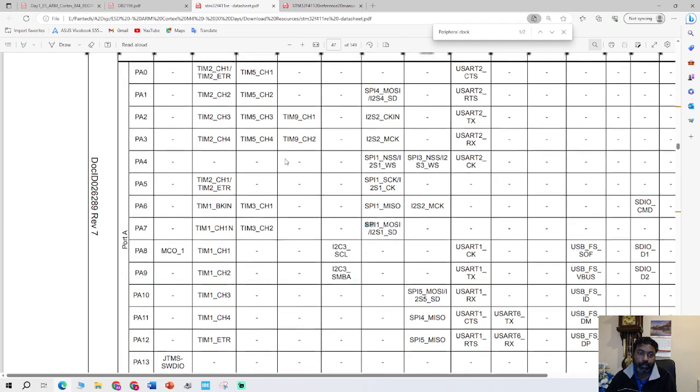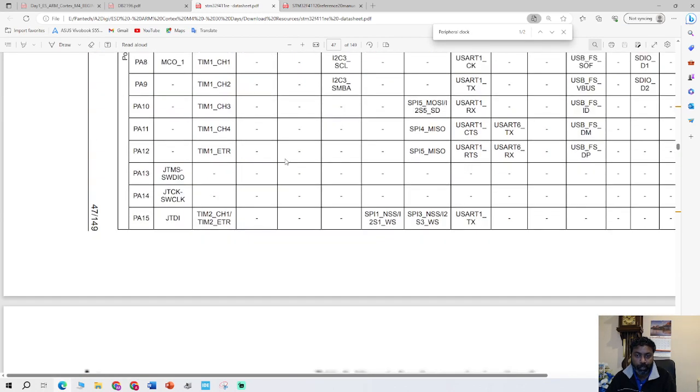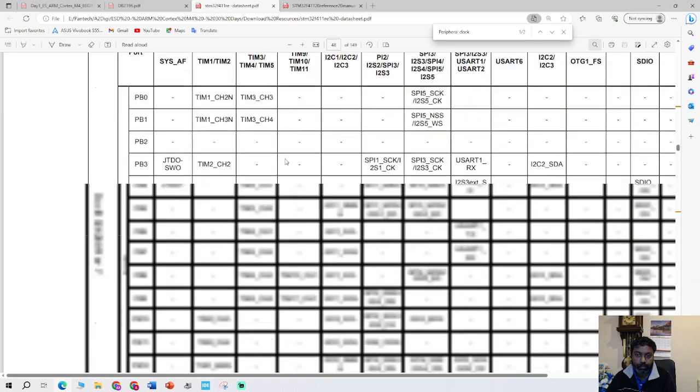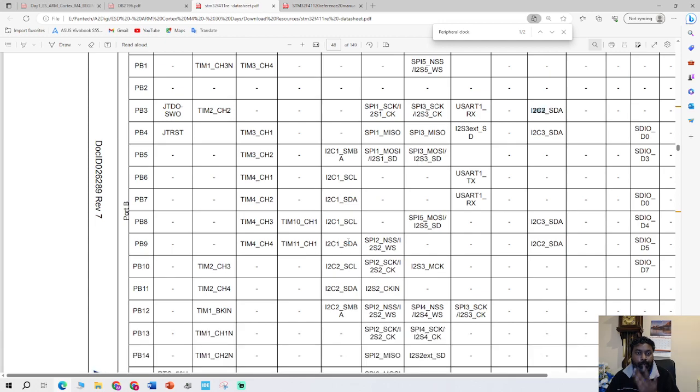So please refer to this chart, this table, and you will familiarize yourself with the alternate function. If you take PB3, it can be used as a timer too, and it also can be used as a SPI, and it can also be used as an I2C. So likewise, every pin has its multiple functions that you can use. So that's what it denotes.